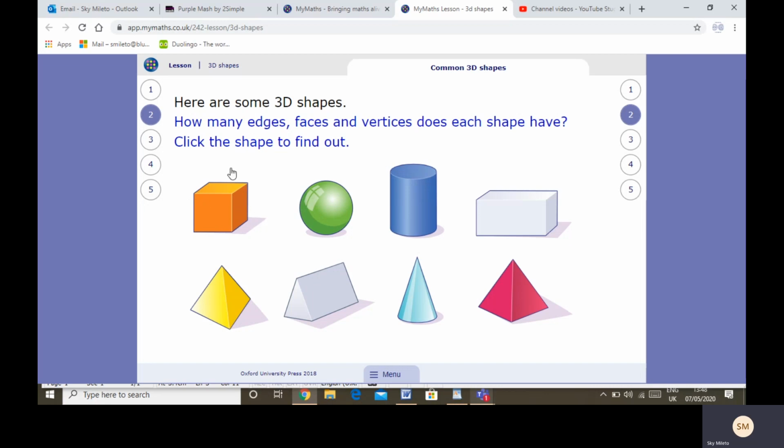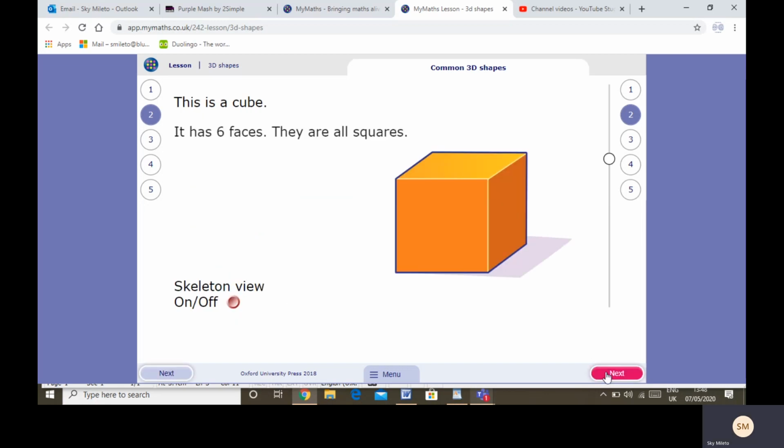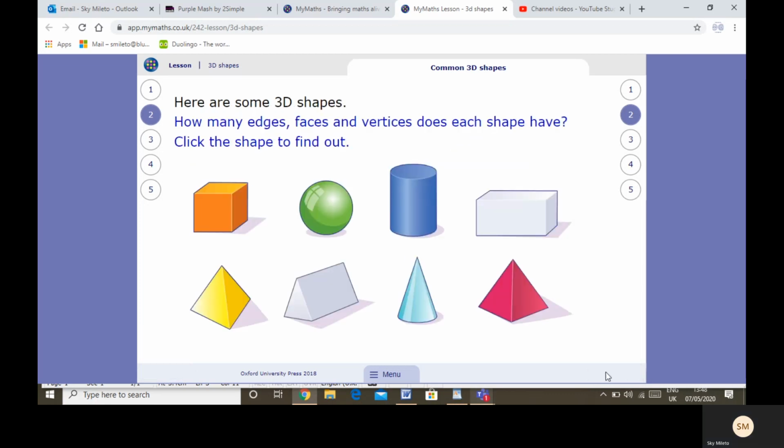So 6 faces. And then I can count 1, 2, 3, 4 edges, 5, 6, 7, 8, 9, 10, 11, 12 edges. And then I count the vertices, 1, 2, 3, 4, 5, 6, 7, 8 vertices. 6 faces, they're all squares, 12 edges and 8 vertices.